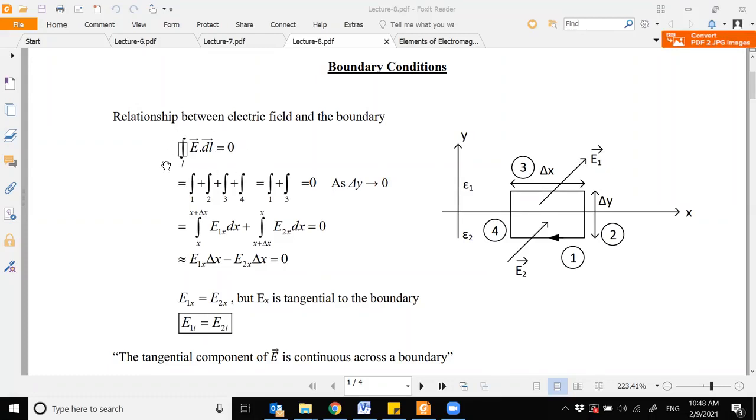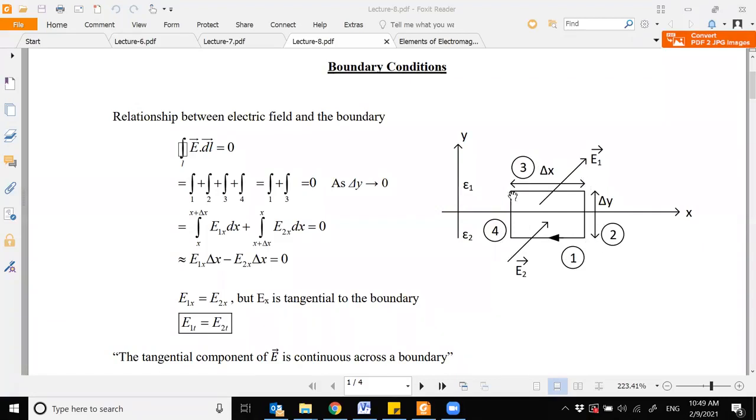I know this law. An electrostatic field must satisfy this law, irrespective of whether it is in medium 1 or medium 2 or half in medium 1 or half in medium 2, anything. This has to be satisfied. Any vector field which doesn't satisfy this is not an electrostatic field. So even if your loop is half in medium 1 and half in medium 2, still it has to satisfy.